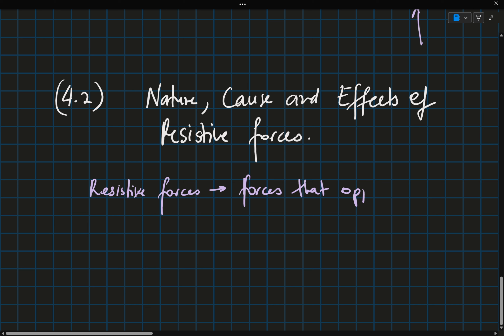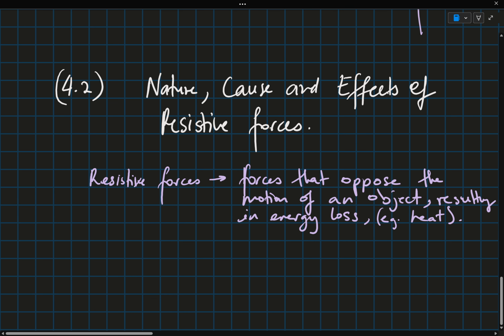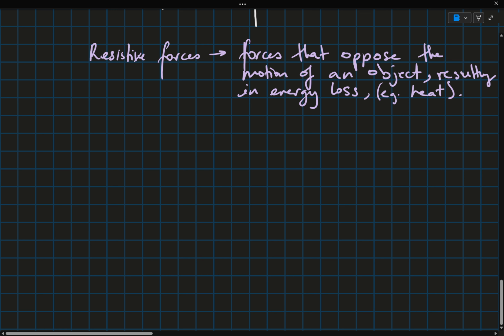So we're looking at resistive forces. If an object were to move, let's get back on track with what we were saying above about the box sitting on the table. The box is sitting on its table, minding its own business, and it experiences some force in this direction.